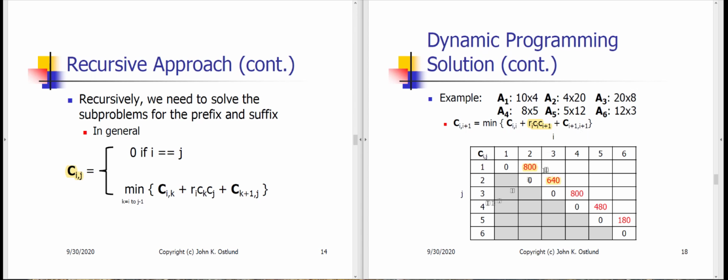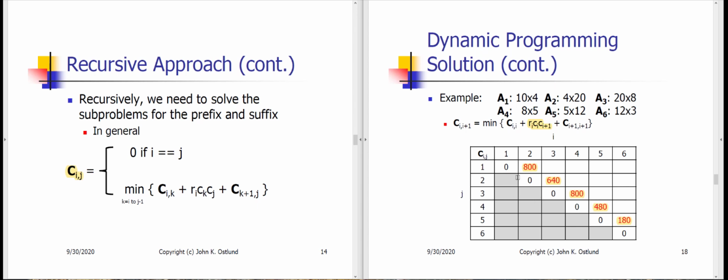And for C sub 3,4, we have 20 times 8 is 160, times 5 is 800. And C sub 4,5 is 8 times 5 is 40, times 12 is 480. And then finally, C sub 5,6 is 5 times 12 is 60, times 3 is 180. All right, so again, those are easy to fill in.